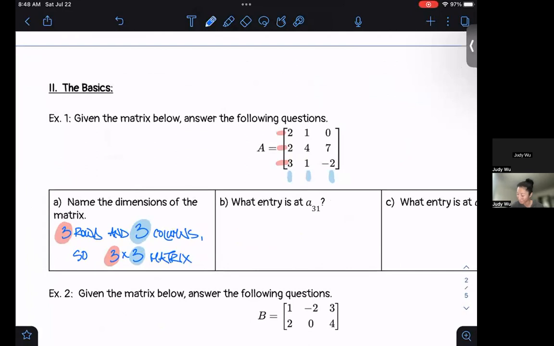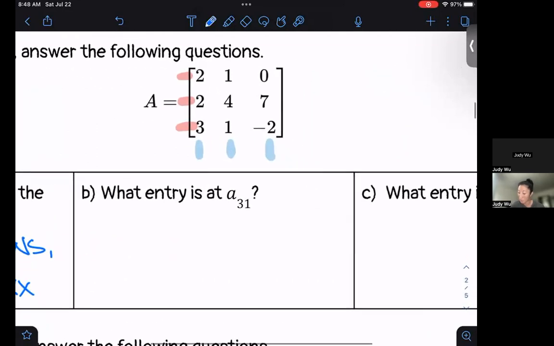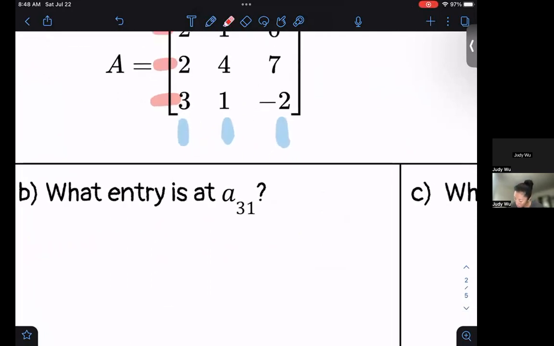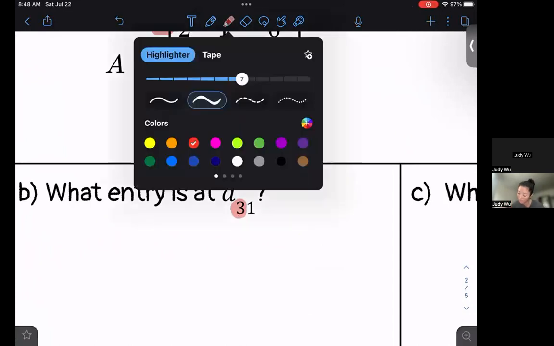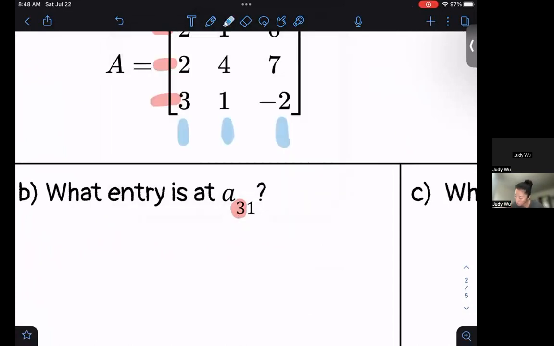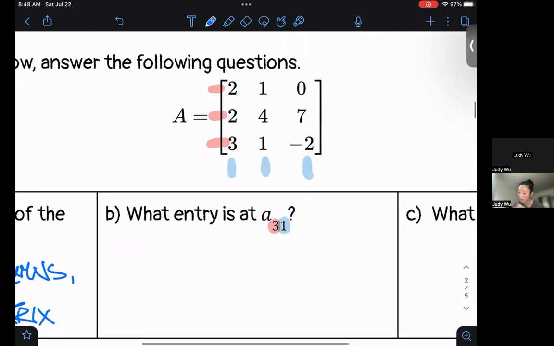Okay. Now, question B, it says, what entry is at A31? And we don't read this as 31, okay? It's not A31, but rather the 3 talks about which row it's in, and the 1 talks about which column it's in, okay? So what I want to do is go over to my matrix.